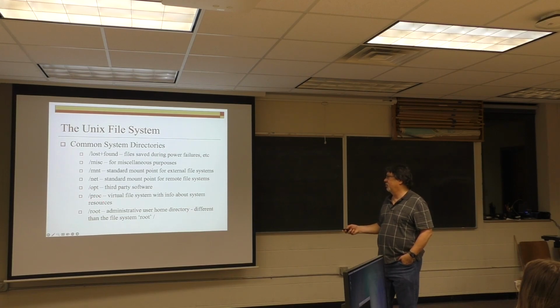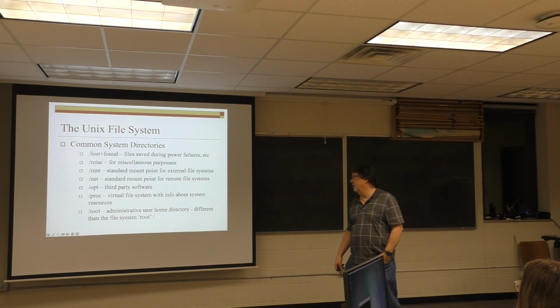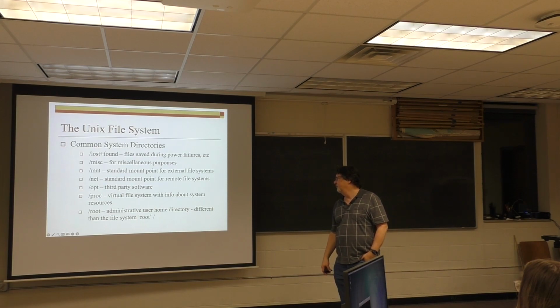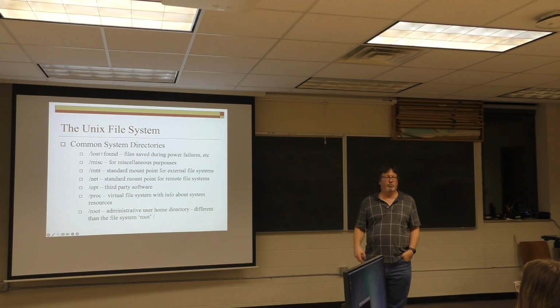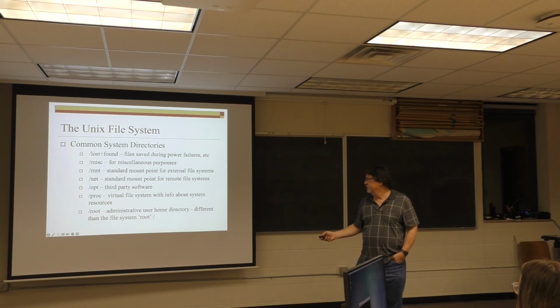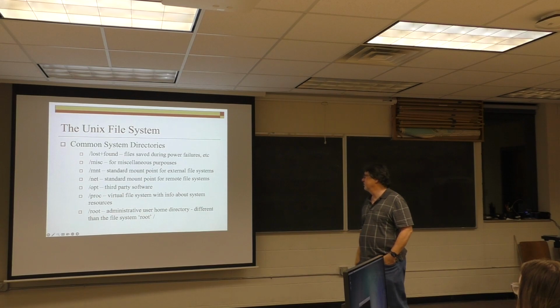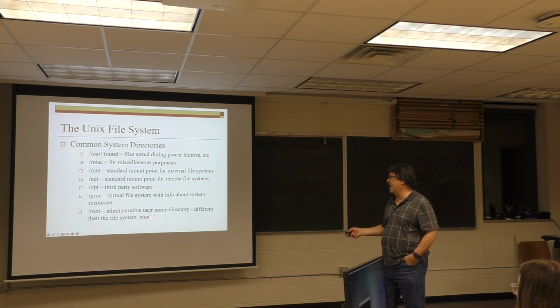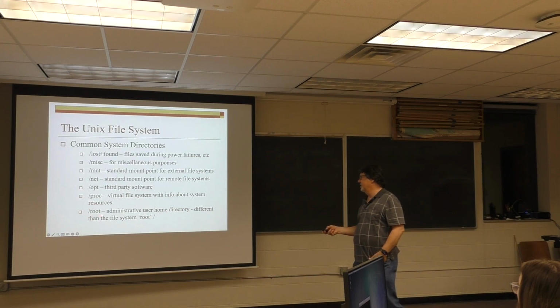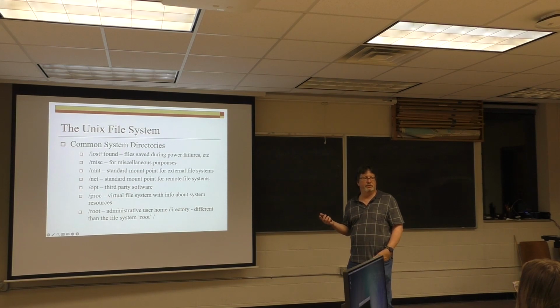A lot of times there's a /proc file system, which has to do with information about individual programs that are running, and their resources live in there. There's usually a /root directory, which is different than the /, the beginning of the file system. The /root folder is the home directory for the administrative user root.